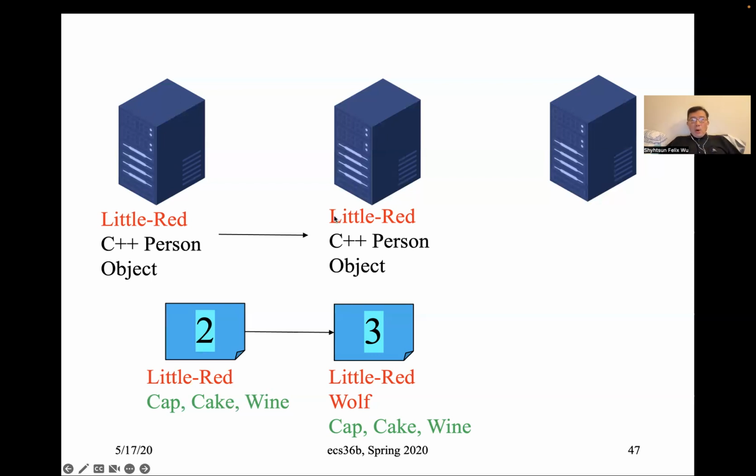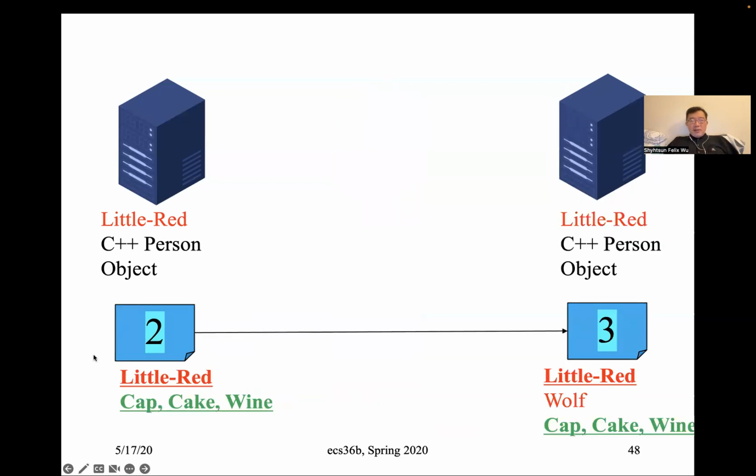By the way, the whole homework is to show all the movement that represents what happened in the transition of the records. So if I only look at the transition between record number 2 and record number 3, these are the things you need to move. Little red is moved from the home server to the forest server, or HW5 home to HW5 forest.